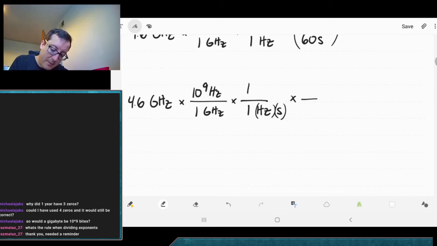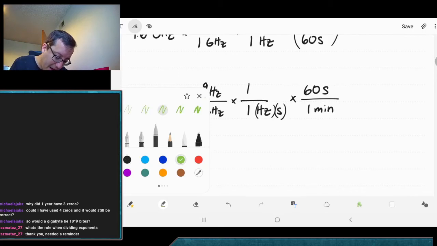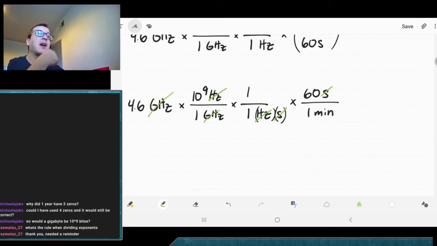And then we might be like, aha, now I can put in my normal conversion factor. Let's just see what happens. So we see gigahertz cancels, hertz cancels, seconds will cancel because now we have it in the opposite side here. If we take that inverse seconds and just move it down, it's going to be a lot easier than trying to do this inverse business.